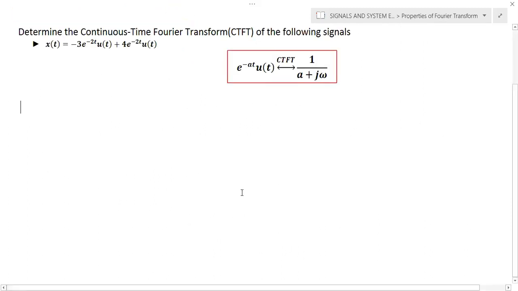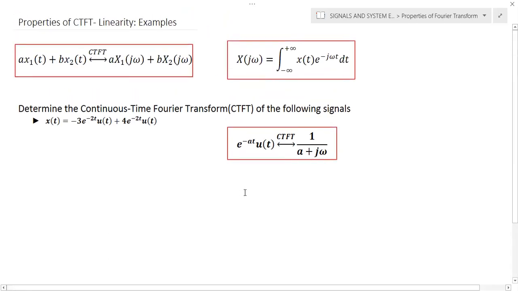Now we'll see how we can apply the linearity property to solve the problem. You already know the linearity property. It states that if there is a signal a x1 of t plus b x2 of t, its continuous time Fourier transform will be in the form a X1 of j omega plus b X2 of j omega. And the equation to find the Fourier transform X of j omega is given by integral minus infinity to infinity x of t, the given signal, into e raised to minus j omega t dt.